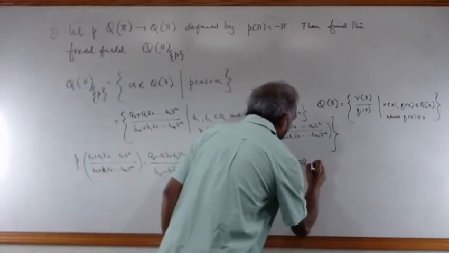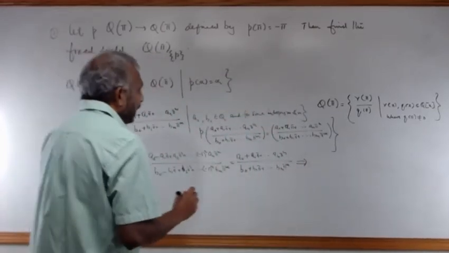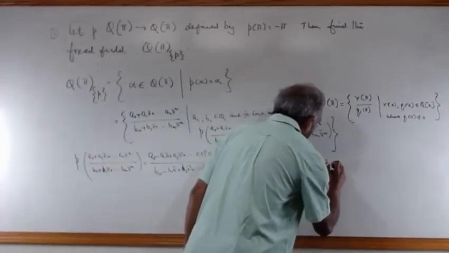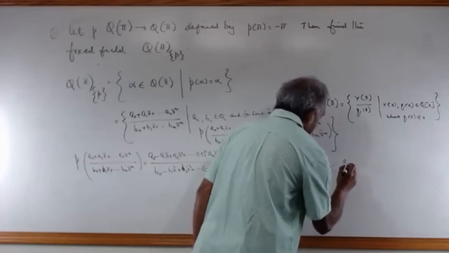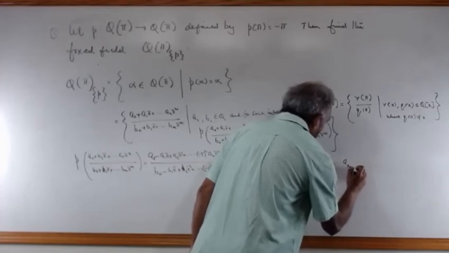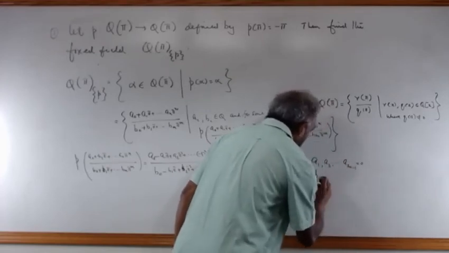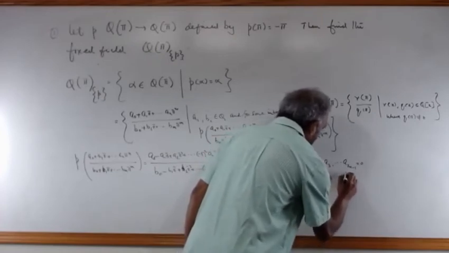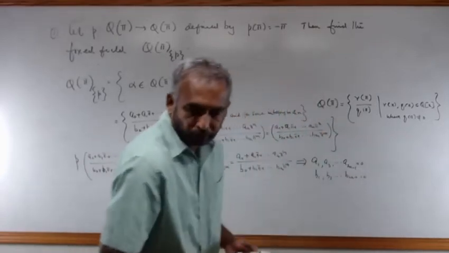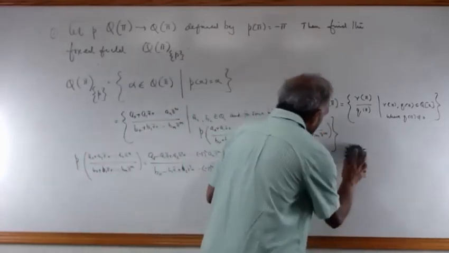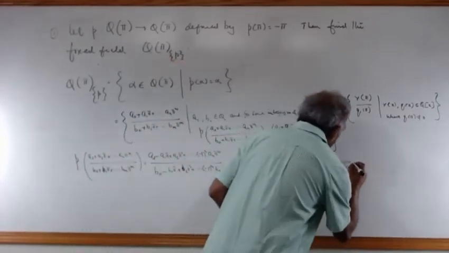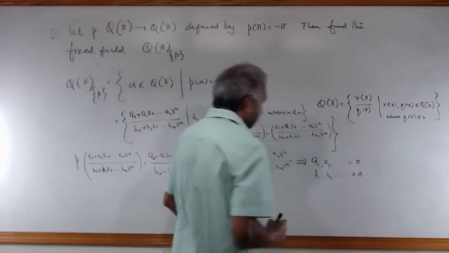This implies a1, a3, dash dash a2n minus 1 are equal to 0, and b1, b3, dash dash b2m minus 1 are equal to 0. We'll say these are all zeros. We don't need to say the end of this. So these are all zeros and these are all zeros.